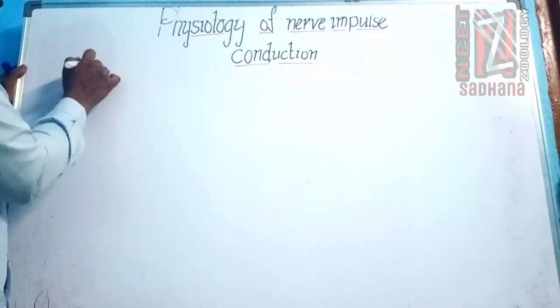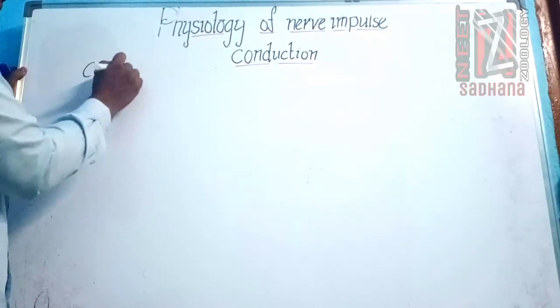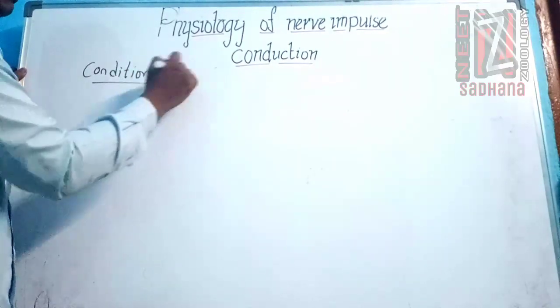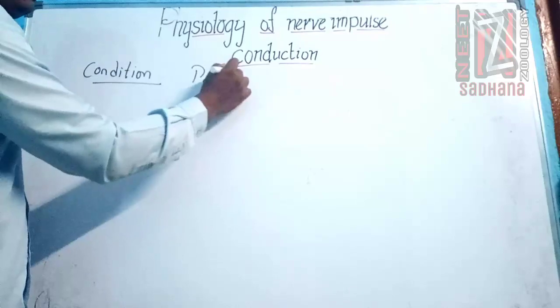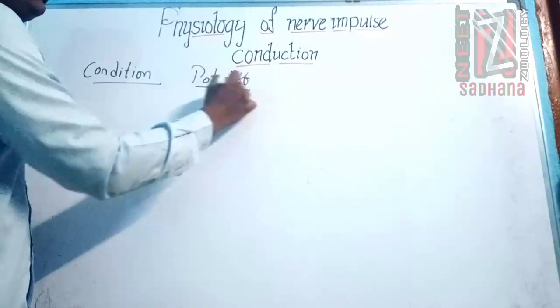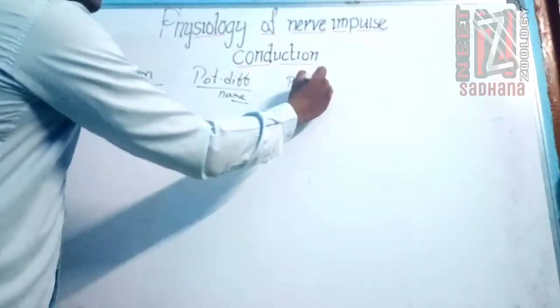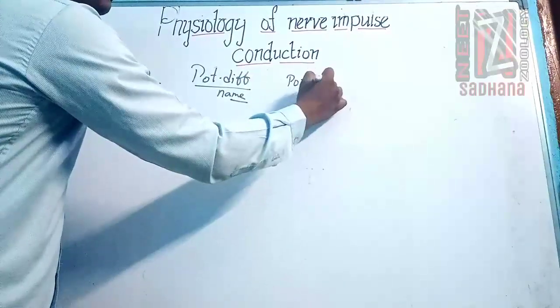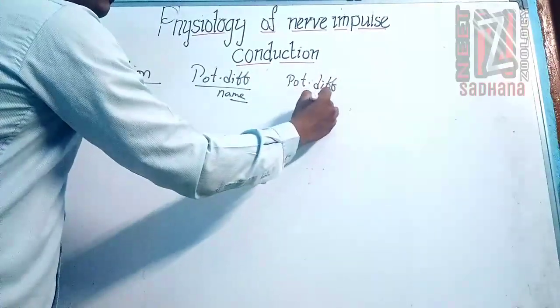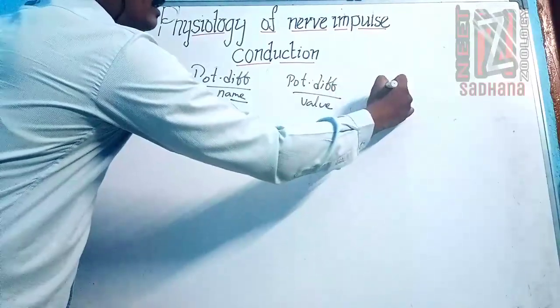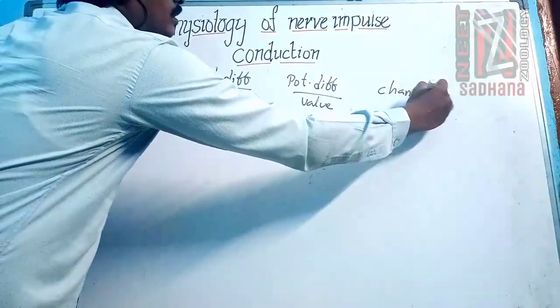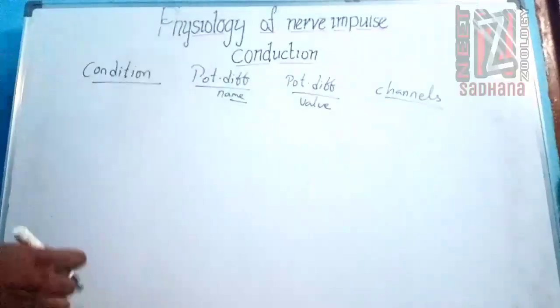So the condition of the nerve impulse, the potential difference name, the potential difference value, and the channels condition. What is the condition of the channels?